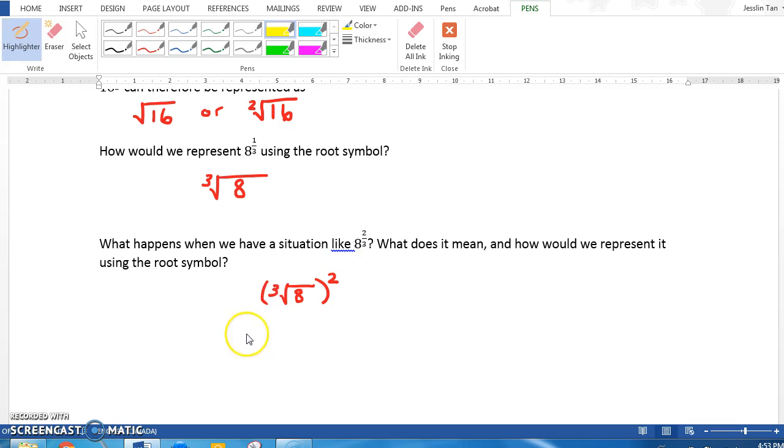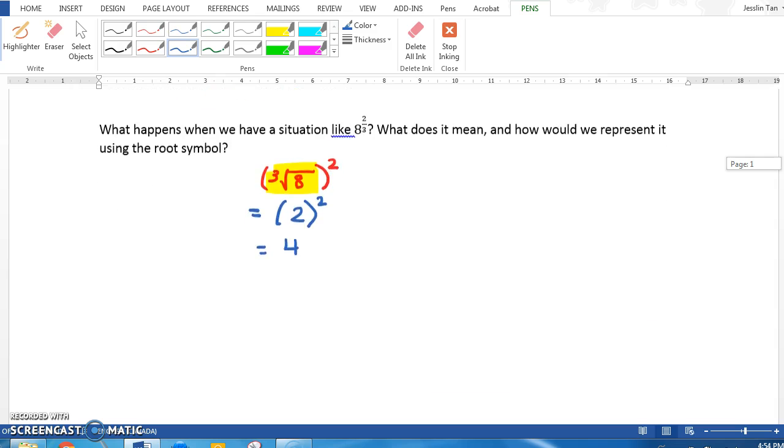That's what all of this in the bracket means. If we think about it, 2 times 2 times 2 is the number that gets multiplied 3 times to give me 8. So inside this bracket is 2, then I have 2 squared, and 2 squared is equal to 4.